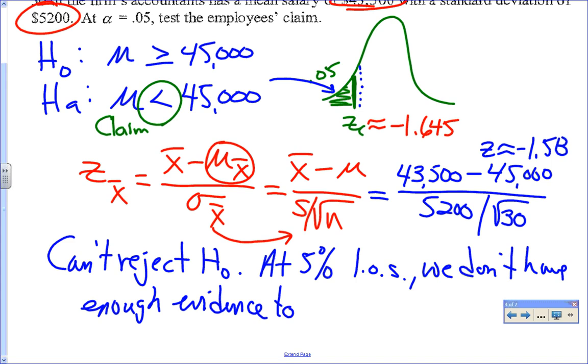Exactly, support the claim. I don't have enough. Had I rejected the null, I would have been able to support their claim at 5% level of significance. But here, I can't.